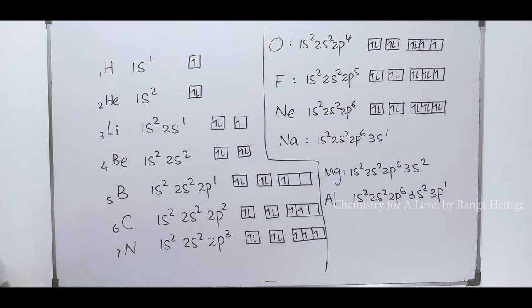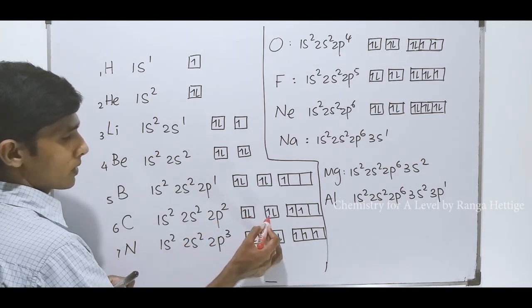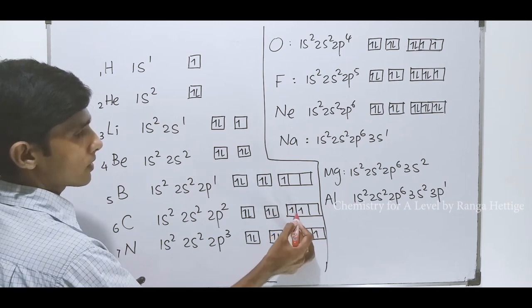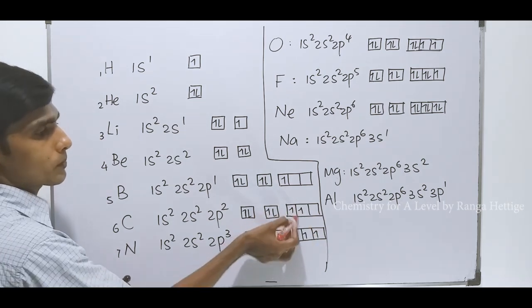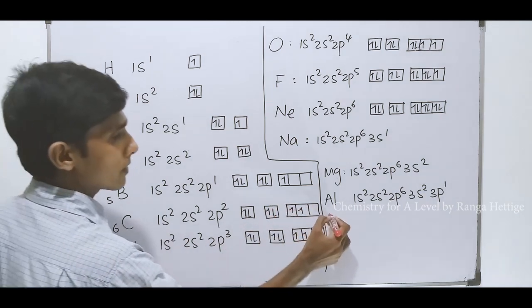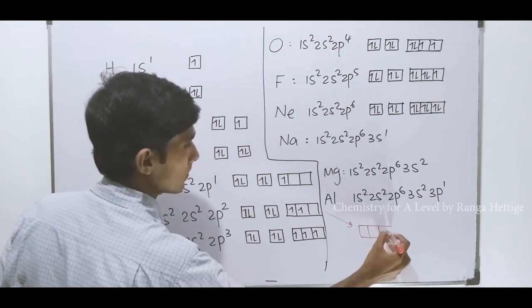Say carbon, 1s2, 2s2. When you consider the 2p level, there are 2 electrons in 2 orbitals with the same spin. If you draw this in a different way, for example, if you write both together like this, that is wrong.